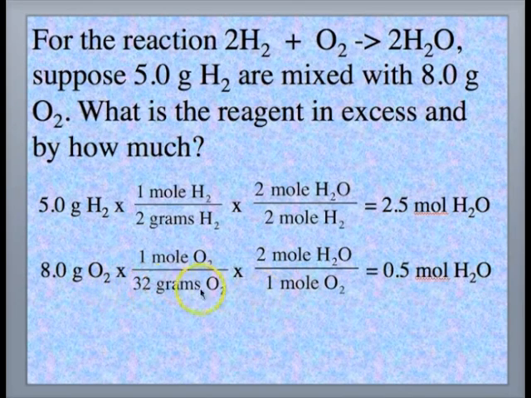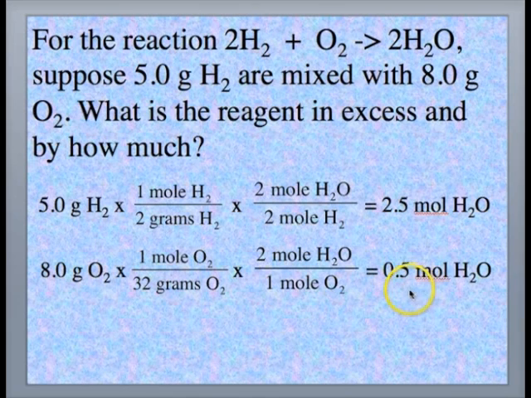Because the oxygen yields the least amount of water product, it's the oxygen that's the limiting reagent. It limits the amount of product that forms, and it limits the amount of hydrogen that reacts.